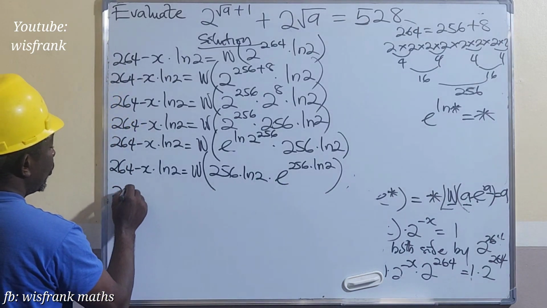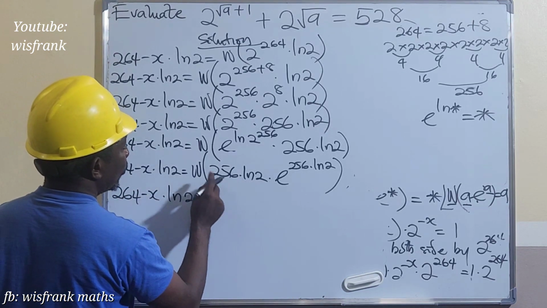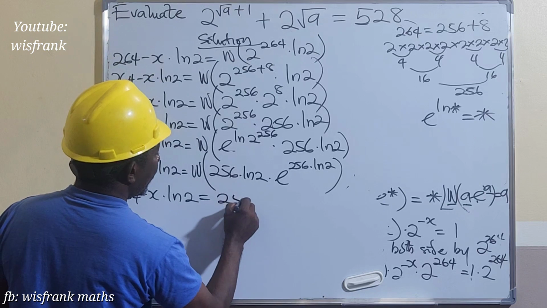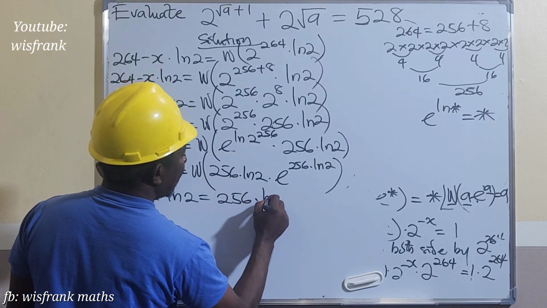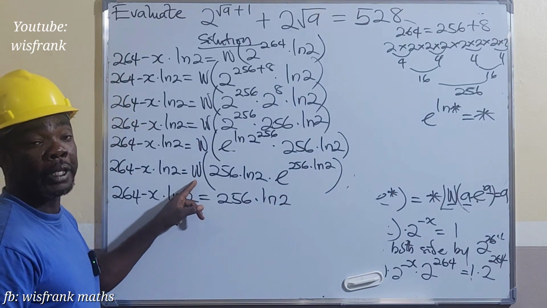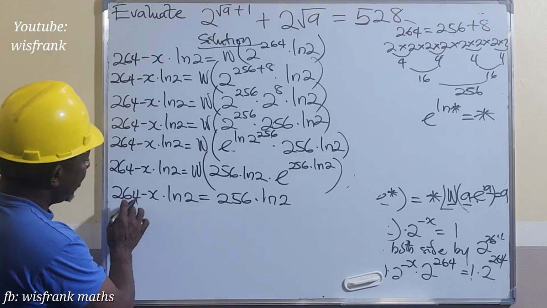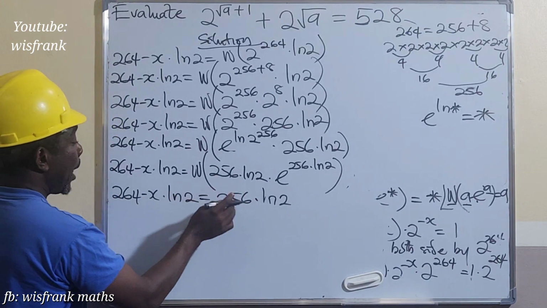So this will become 264 minus x times ln of 2 equals 256 times ln of 2. So this is what we have now. We evaluated the Lambert W function into this parenthesis. Here we can divide both sides by ln of 2.